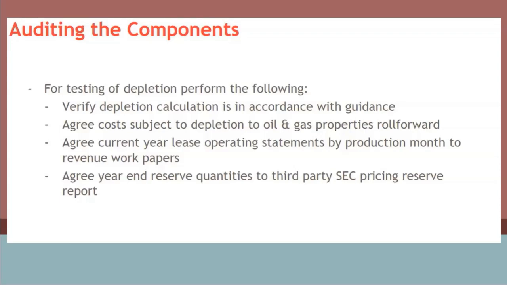Like we mentioned, you wouldn't want to pull in unproved. Then agree current year lease operating statements by production month to revenue work papers. I'm sure in one of the other sections we'll talk about lease operating statements, which basically track the revenue and expenses for the year on a month-by-month basis. Specifically, a production month LOS is going to be actuals.